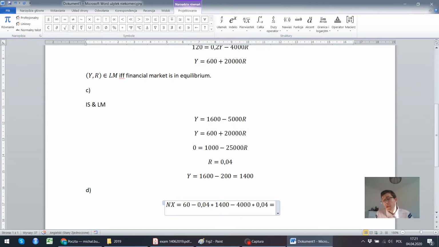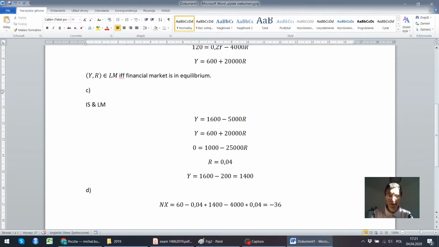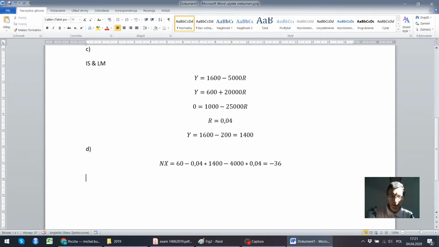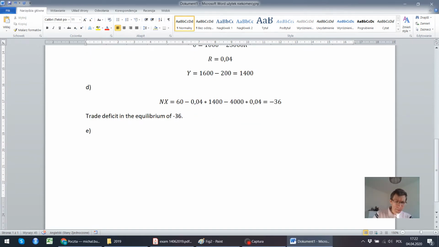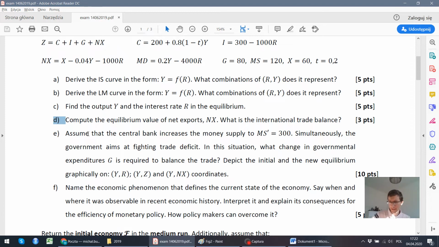Okay, so we just compute this, and you get that net exports in the equilibrium is equal to minus 36, and you have to simply state that there is a trade deficit of minus 36. Easy. I tell you, this is a very easy exam. The only problem is that you don't have much time to do all this stuff, okay? But in general, it's a very easy exam to pass. Okay, so let's move on.